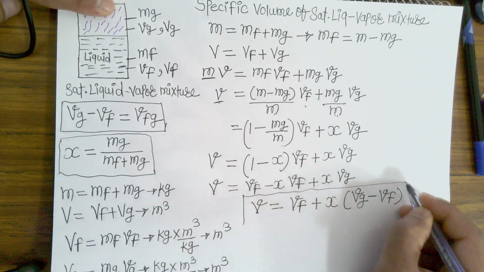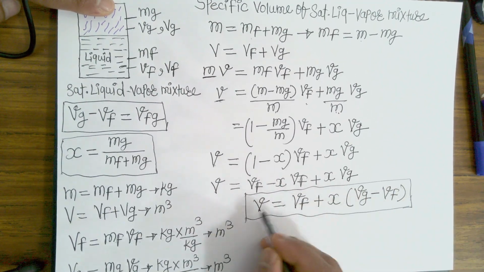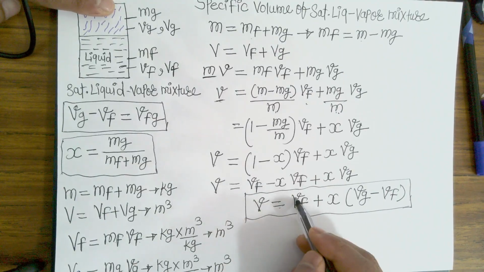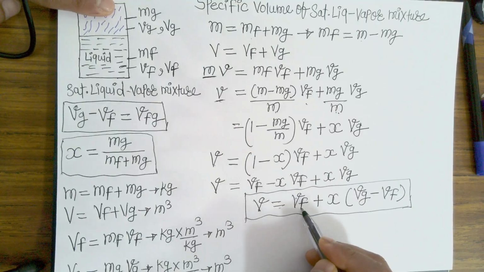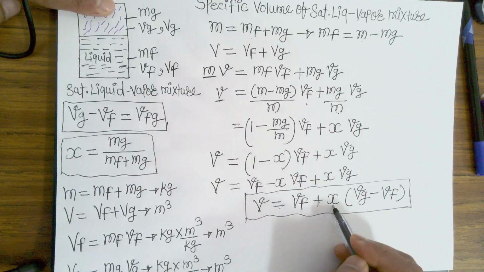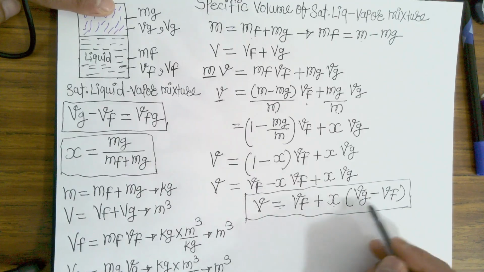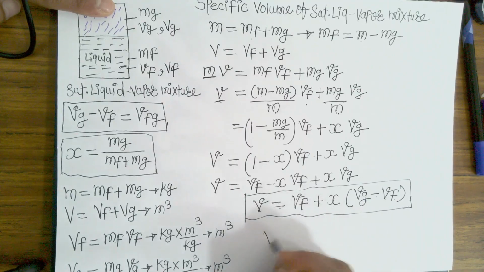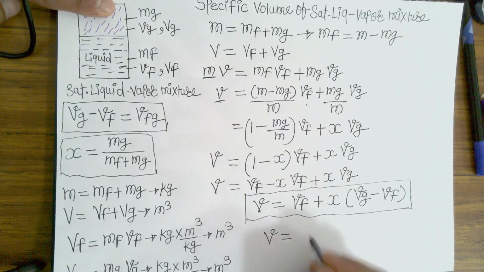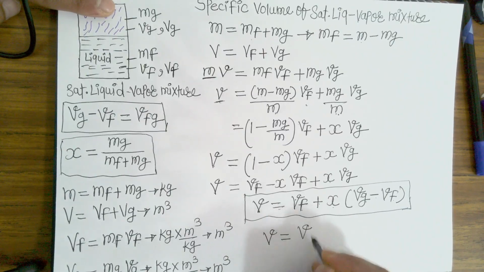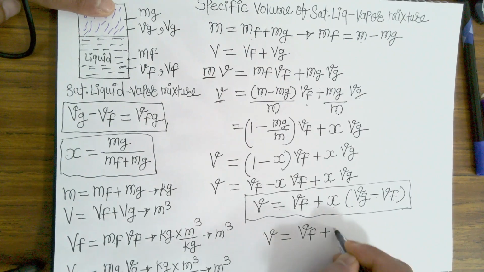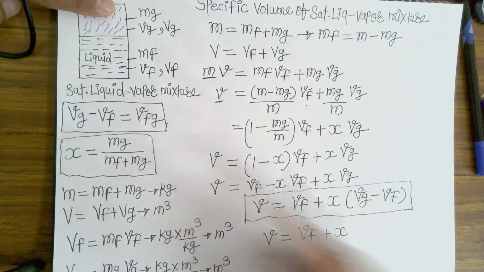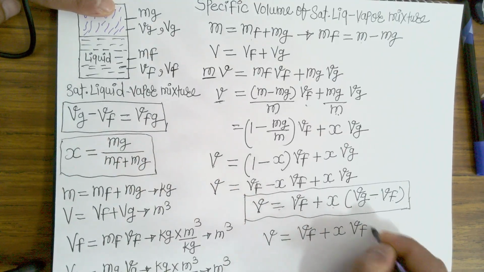So the specific volume of this liquid vapor mixture is equal to specific volume of liquid, that is small Vf, plus dryness fraction multiplied by the difference between small Vg minus small Vf. I can also write this as small v is equal to small Vf plus x multiplied by Vg minus Vf, which is Vfg, so x multiplied by Vfg.